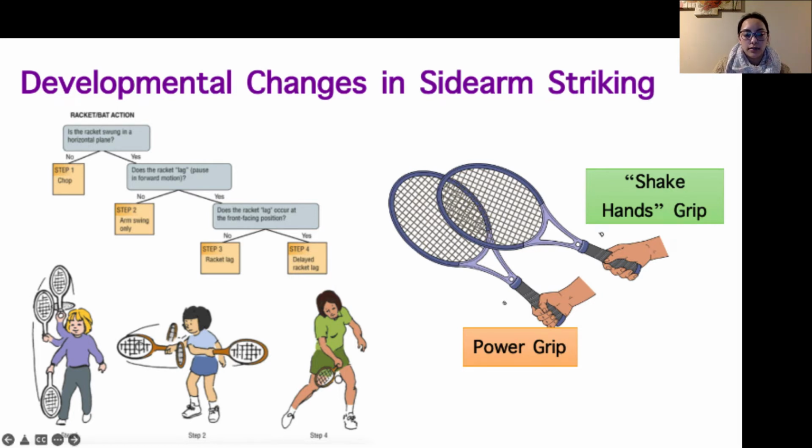The other more notable thing, so vertical swinging versus horizontal swinging, and then the preparatory facing direction being more front facing for step 1 compared to side facing for steps 2 through 4.